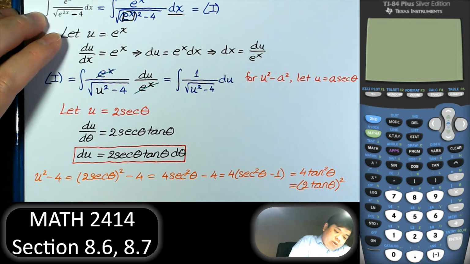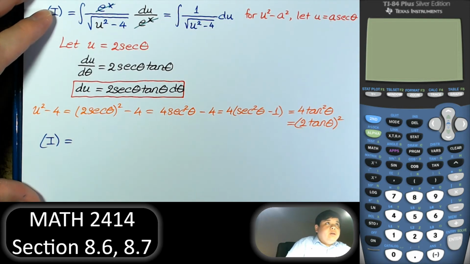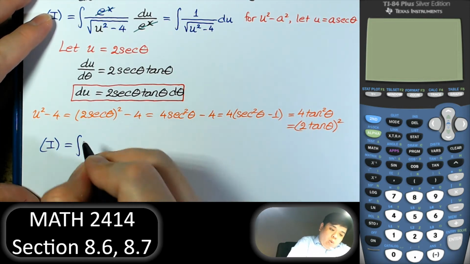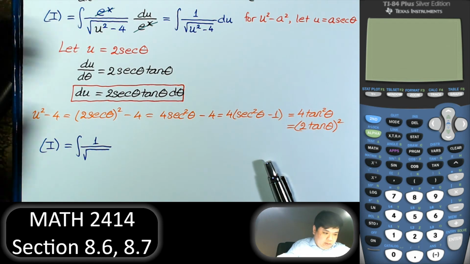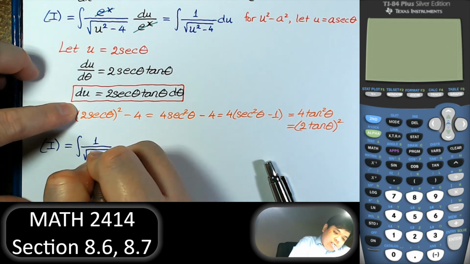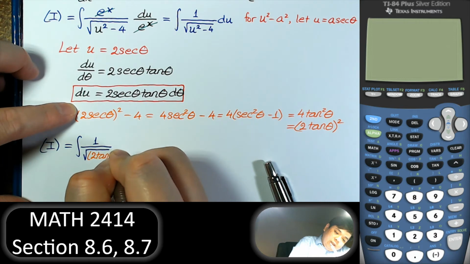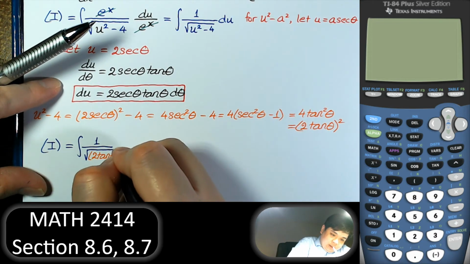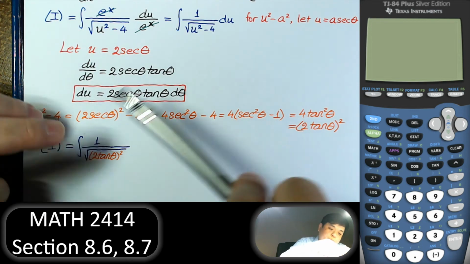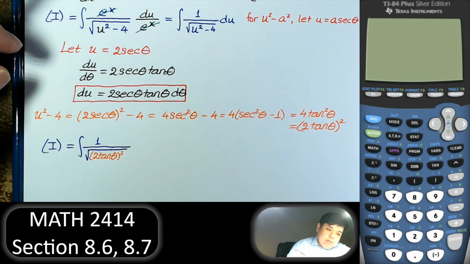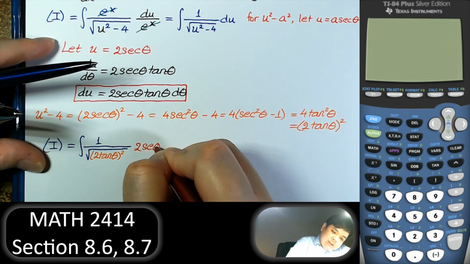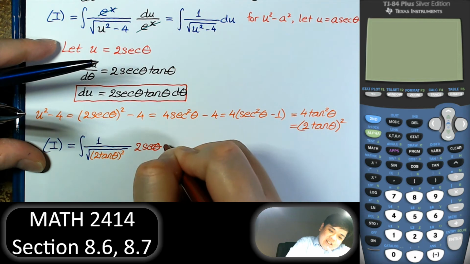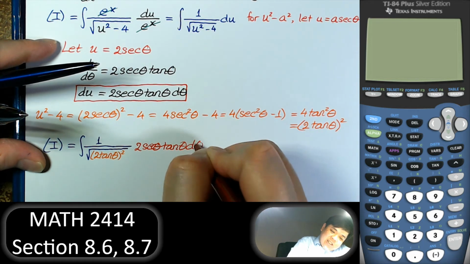Now the integral will continue, equal to 1 on the top, square root of 2 tangent theta squared, times du, which is this: secant theta tangent theta d theta.